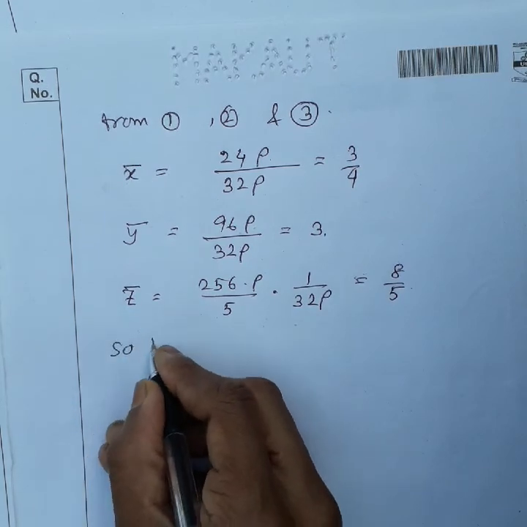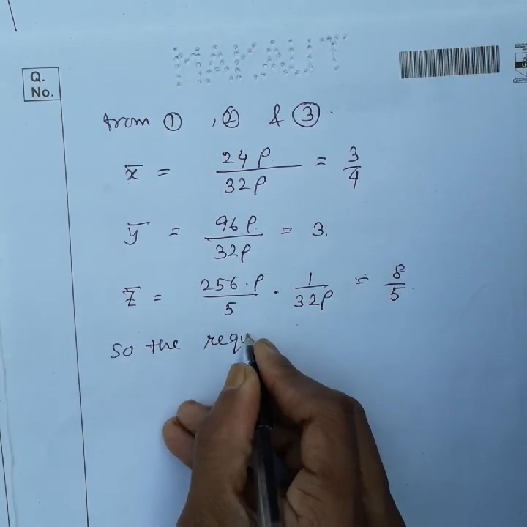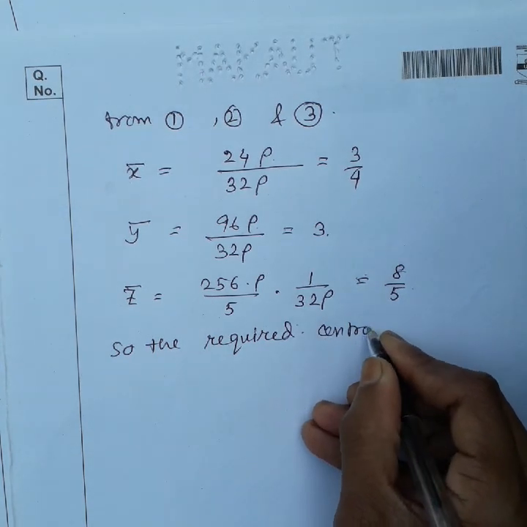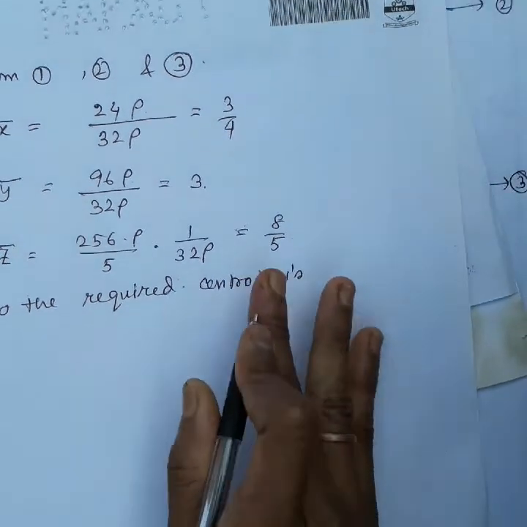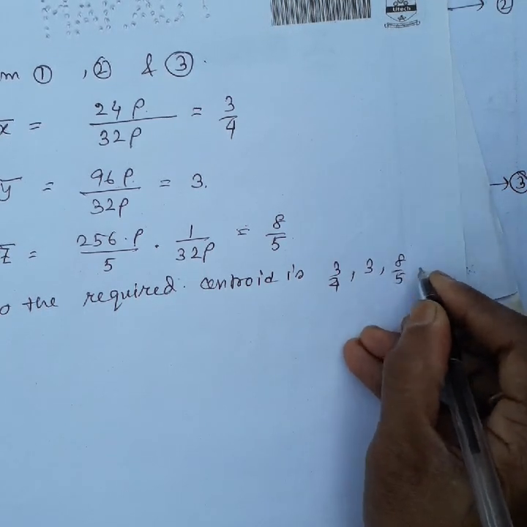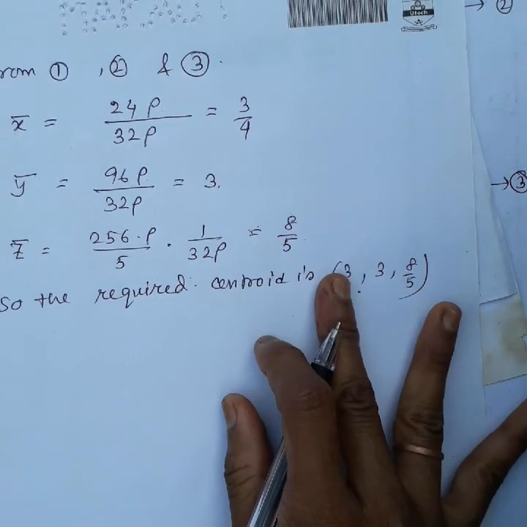Okay, so the required centroid is 3 by 4, 3 and 8 by 5.